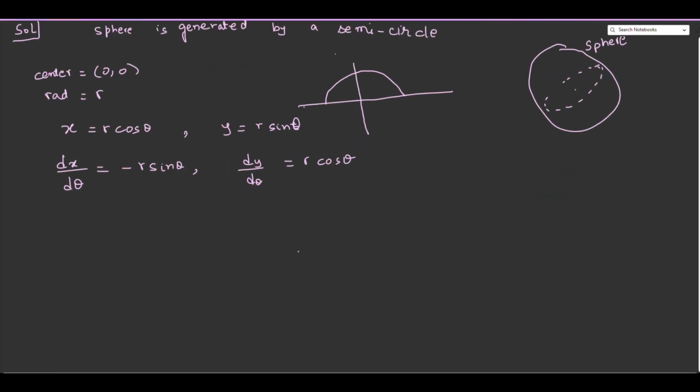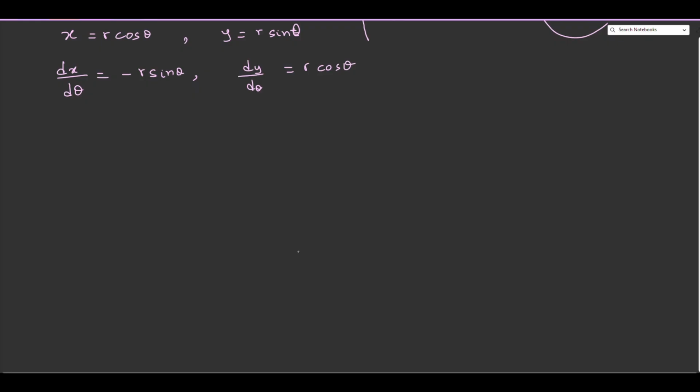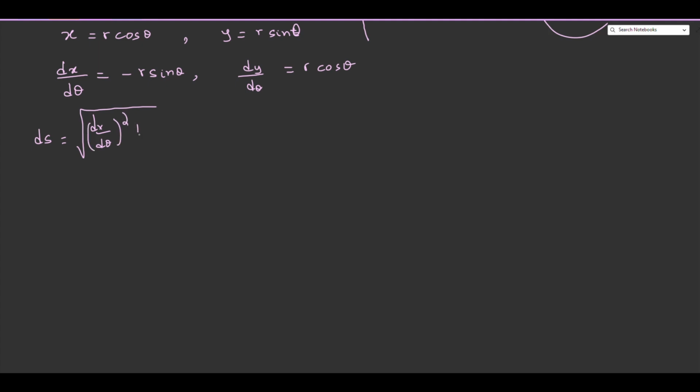The next thing we need to find is ds. What is ds? Remember, ds equals the square root of dx by d theta squared plus dy by d theta squared, and outside we have d theta.